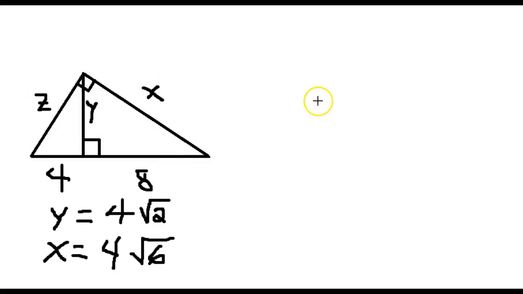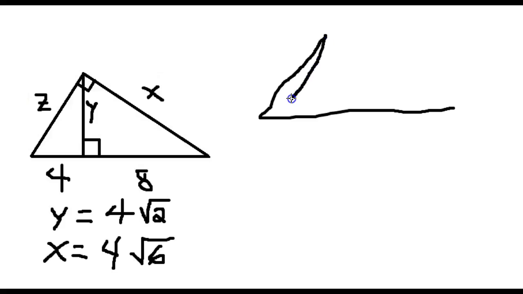And now let's use the third schematic diagram. The third schematic diagram incorporates the entire hypotenuse, the short leg of the large right triangle, again the short leg of the large right triangle, and then the short part of the hypotenuse. We know that the entire hypotenuse is 4 plus 8, which is 12.